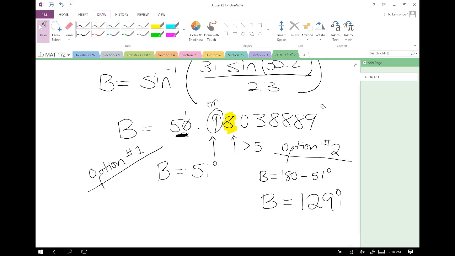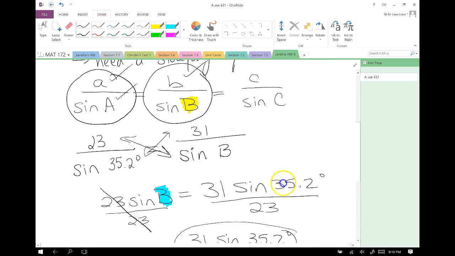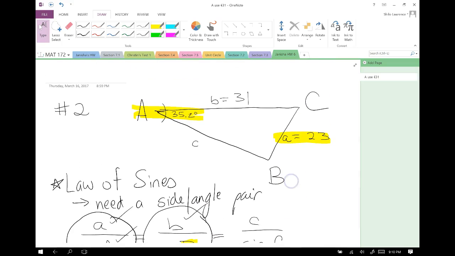So there might be two answers to this one. The way that we know there might be two answers is based on what sort of information was given to us in the triangle. And triangle problems are classified by what information was given. So we were given an angle, so I call that A. And then work your way around the triangle.